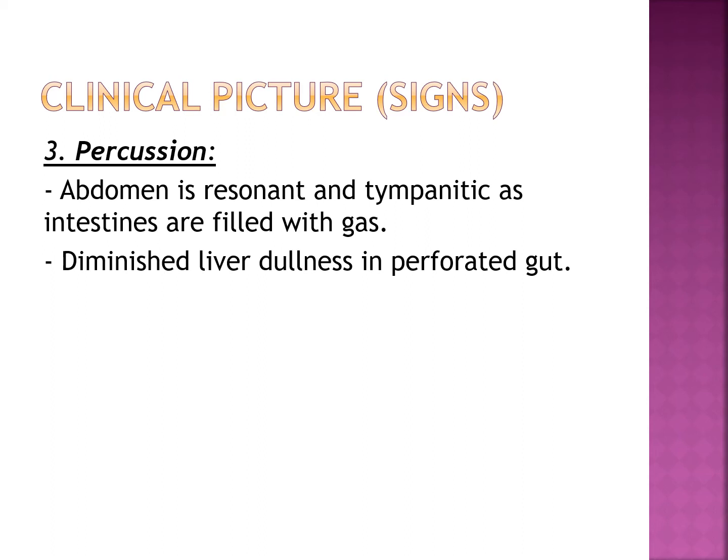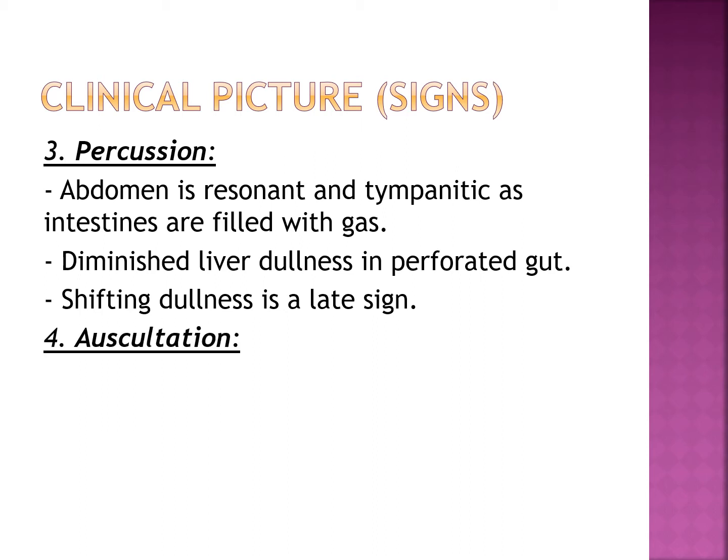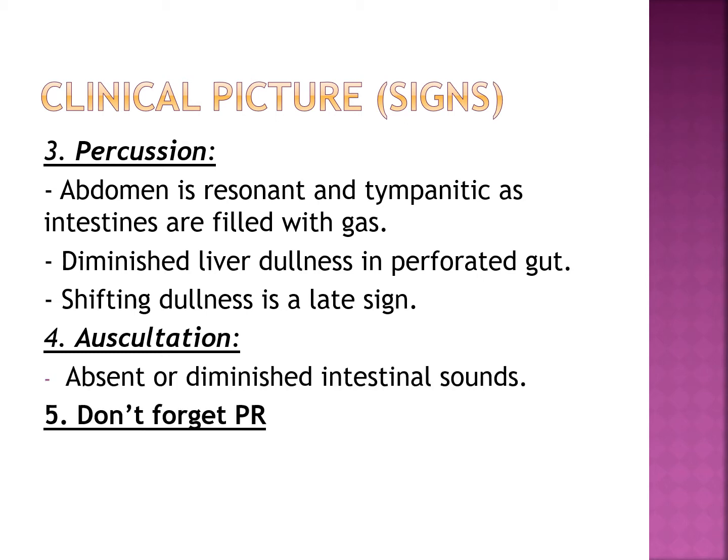Finally, if there is a copious amount of pus and peritoneal exudate in the peritoneal cavity, shifting dullness can be elicited, as in cases of ascites. Then we go to auscultation: there is paralytic ileus with diminished or even absent intestinal sounds. And don't forget to do the PR, which may be very helpful in diagnosing the cause of acute peritonitis.